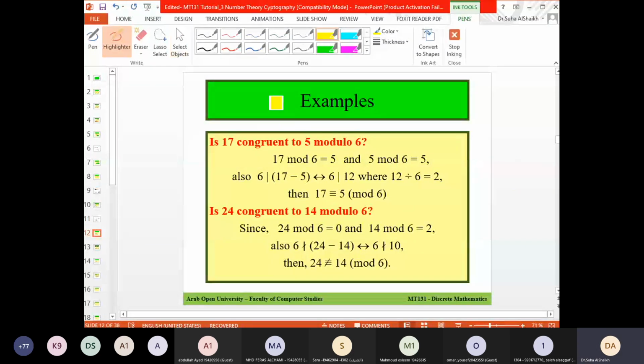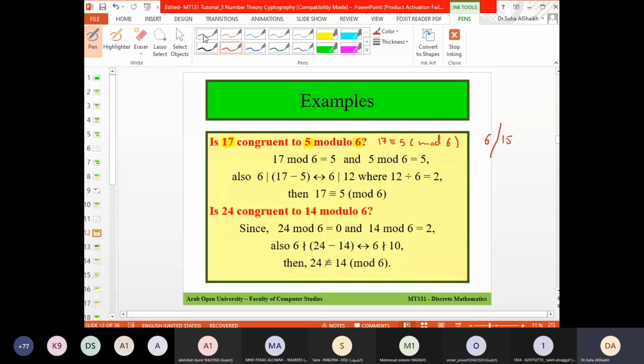They are giving you examples here. 17 congruent to 5 modulo 6. Exactly. The mod divides the difference between the two numbers. So here it's saying 17 is congruent to 5 mod 6. Is that correct?